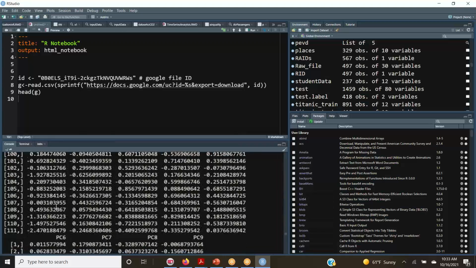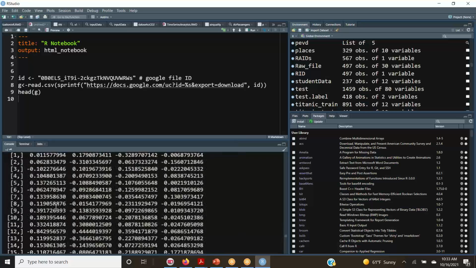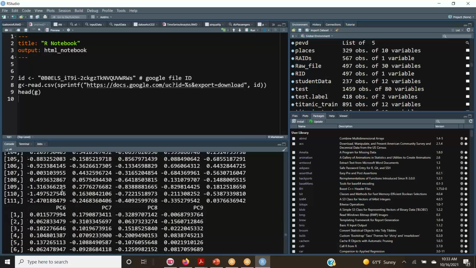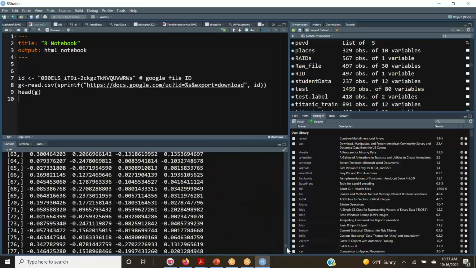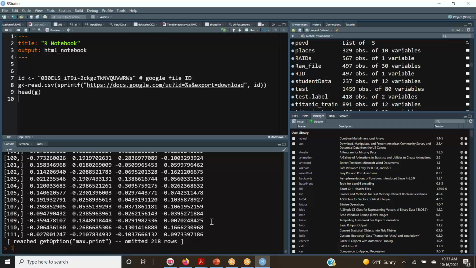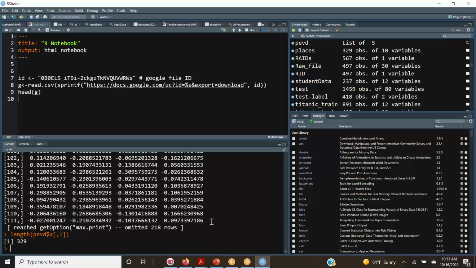Projected eigenvectors. Once the data is projected, you see the length. So let's say length of PEBD $X1, 1 is good enough, comma 1. 329.